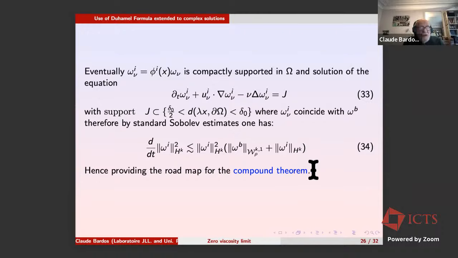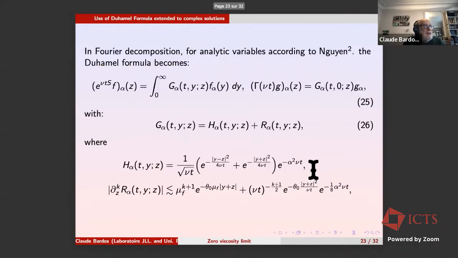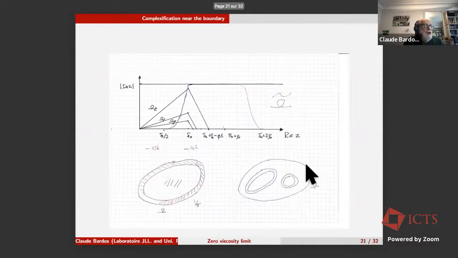Well, I don't want you to check all the details of the story that I told, but I really wanted to emphasize this picture. You have estimates which are classical here for the interior. This is computed by the boundary layer solution on the interior.